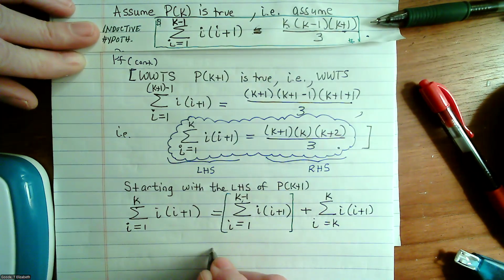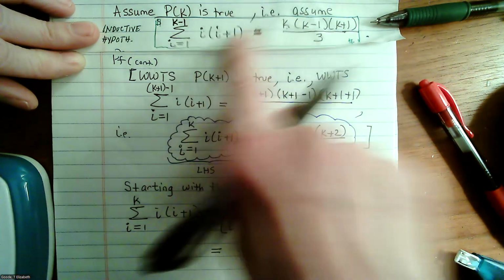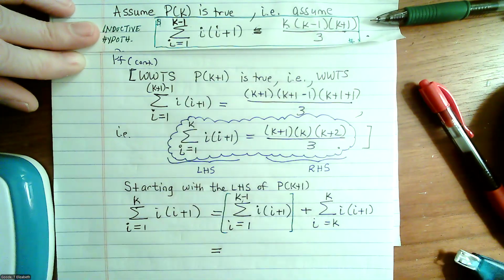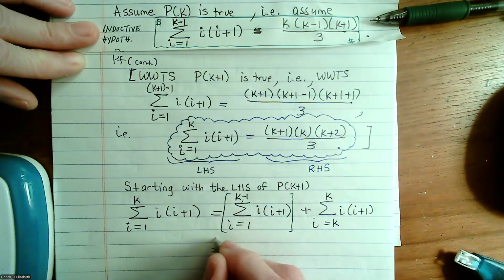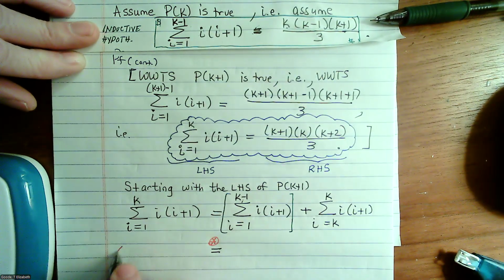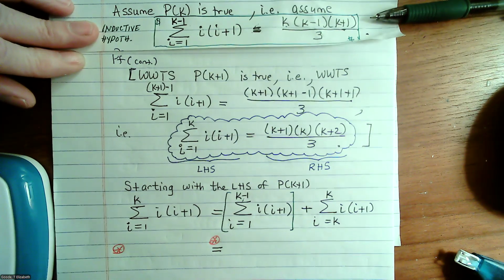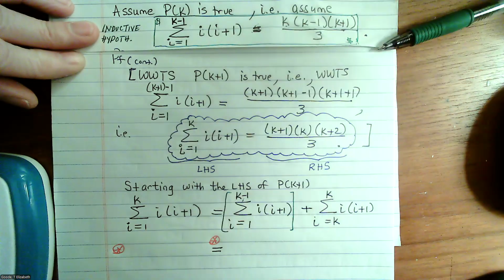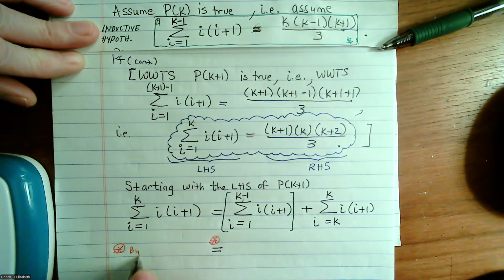And when we do this step of making this substitution using our inductive hypothesis, we tell our reader, and I don't care what level you're at, no matter how advanced in mathematics you are working, you always tell your reader when you actually use the inductive hypothesis, or you can just say by induction.